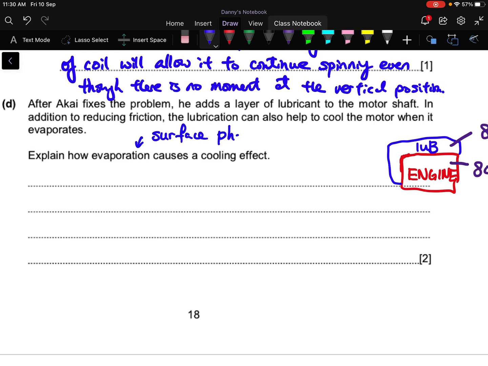The third thing that I want to point out is that you must point out that evaporation is a surface phenomenon. It only happens at the surface. So many of you remember that, okay, I need to talk about energetic particles or energetic molecules. Can you please add in the word that this energetic lubricant molecule is at the surface?